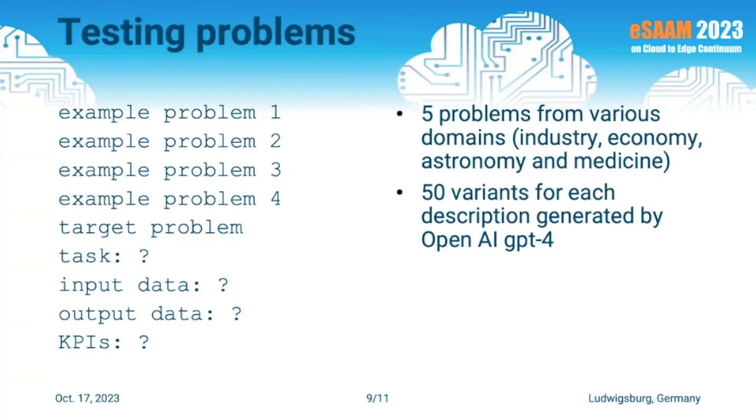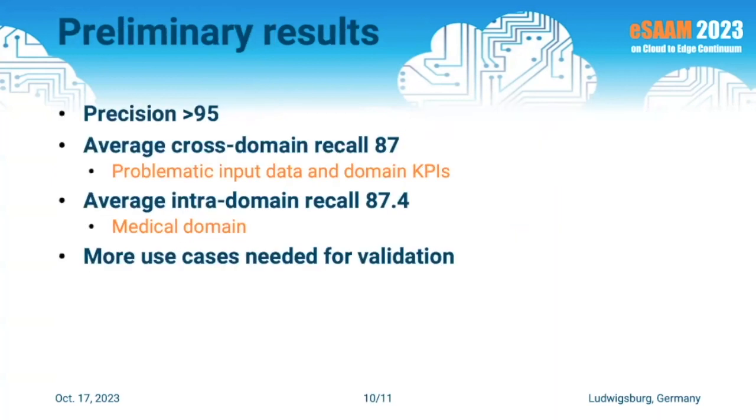Can you go next? And the preliminary results are okay. We have quite good precision, and then we have measured recall across the domain, or if the problems were similar to what was in the example. So for example, you have examples from the medical domain, and the target problem was medical, and we measure recall and precision for the final task definition, like how well we have extracted the task and input data and KPIs and so on.